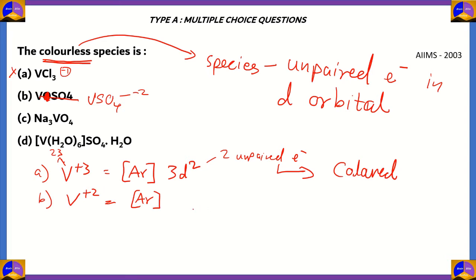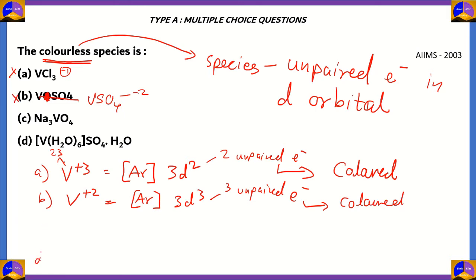That means 2 electrons are removed. So that means you have 21 total electrons. Configuration of Ar gives you 18, and you have 3 electrons more, which you can write as 3d3. This again shows you that there are 3 unpaired electrons. So that means option B is also colored. So option B is the incorrect option.